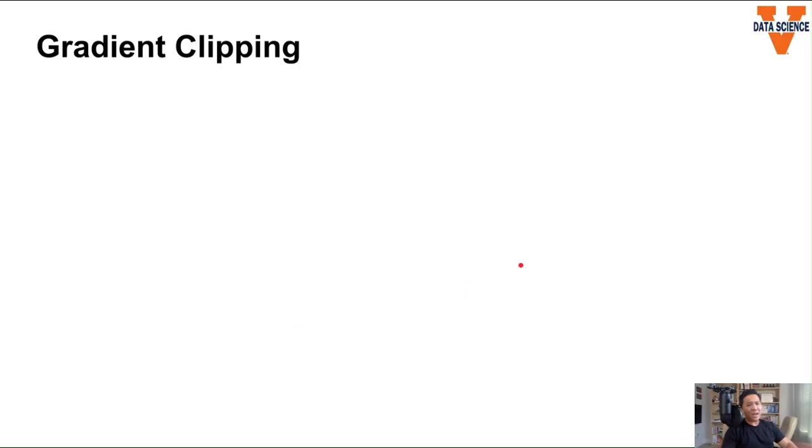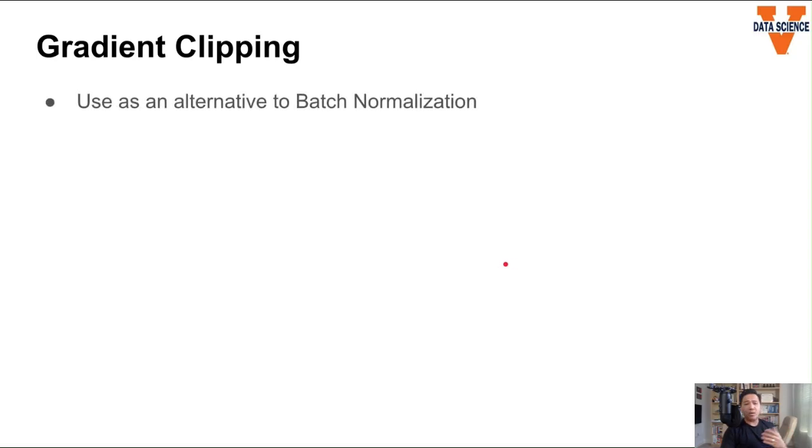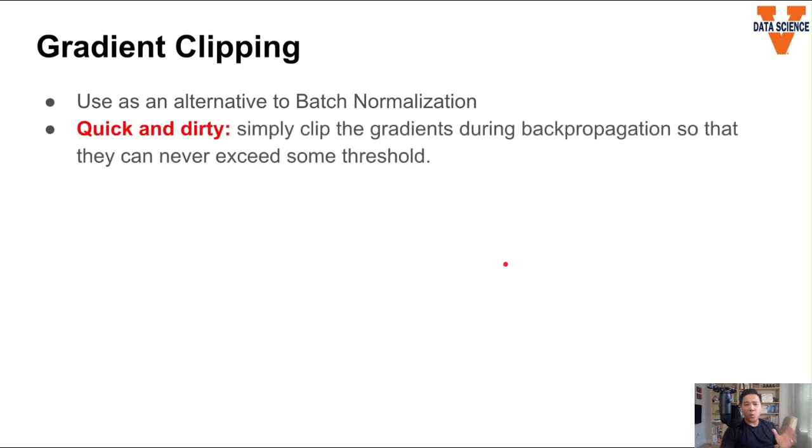Okay. Now there is a quick and easy alternative to batch normalization called gradient clipping. It's a quick and dirty way for you to do this. You basically look at the gradient, and if it exceeds a certain threshold, then you clip it, so it would never exceed that threshold. This seems to work some of the time, but not all the time.